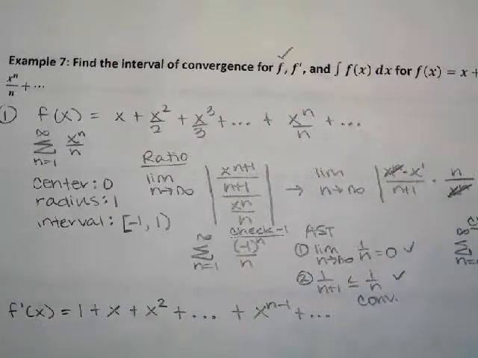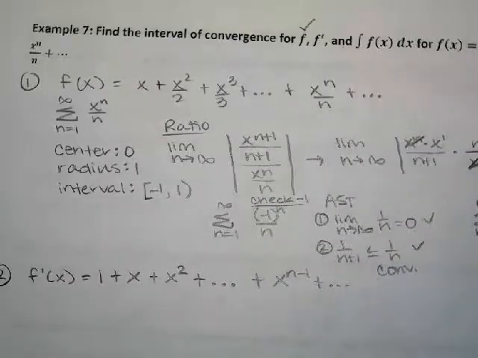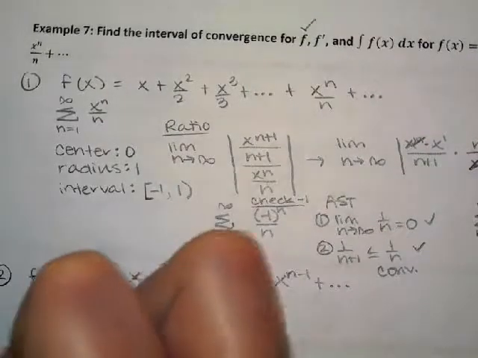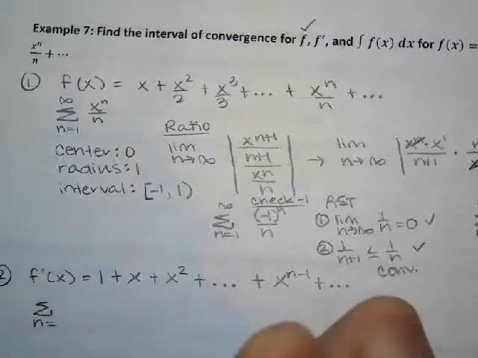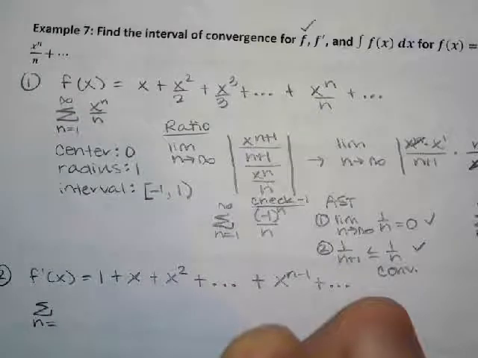So this is going to be n equals, I think it's 1, because we have to make sure we get a 1 first. Yeah, 1 to infinity, x to the n minus 1.